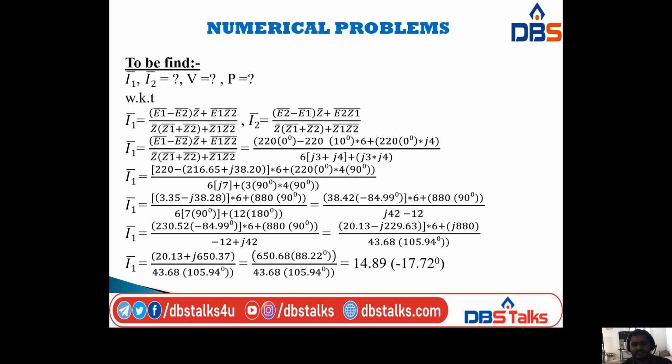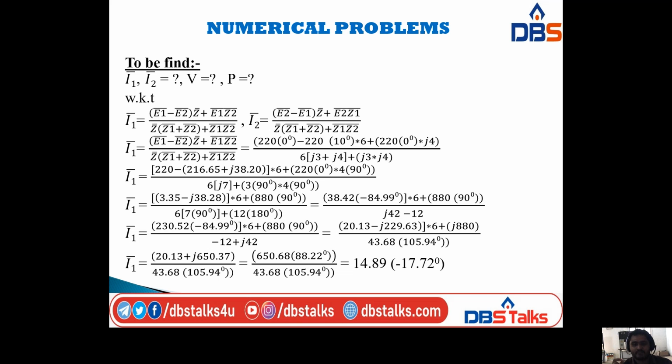So after converting this minus 12 plus J42 into polar form, we have 43.68 at an angle of 105.94. And after simplifying this one, we have 20.13 plus J650.37 divided by 43.68 at an angle of 105.94 degrees, that is equal to. And finally, please convert this rectangular form of 20.13 plus J650.37.